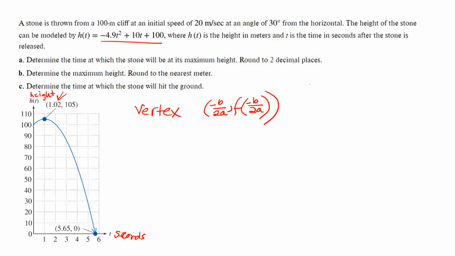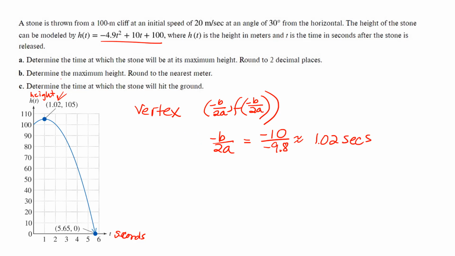And so we'll put that in. Negative b over 2a is going to tell us the time. And so negative b is negative 10, and then over 2a, which is negative 9.8, which is about 1.02 seconds. So that would be part A.